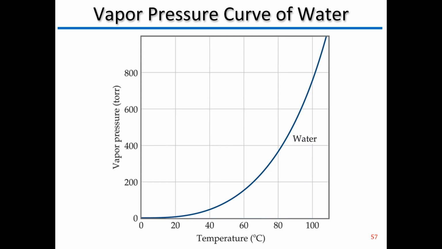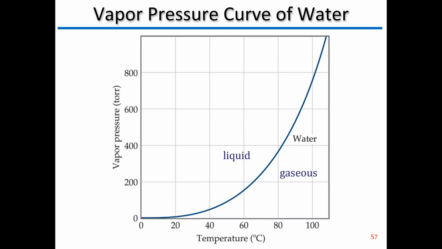So here is the vapor pressure curve for water, and this is essentially a phase diagram. The important thing to know here is that this blue line represents a phase change between a liquid and a gas. So we can go ahead and label those. Everything on the left side of the curve will be a liquid, and everything on the right side of the curve will be a gas.